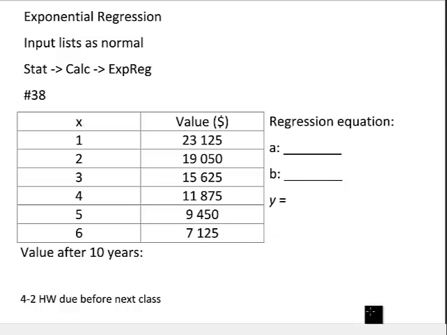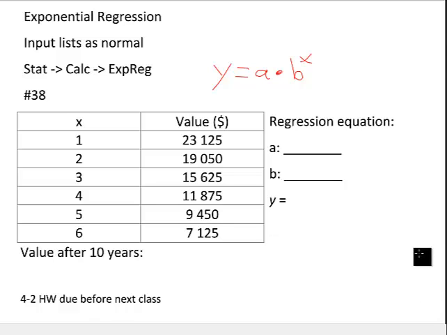Find the exponential regression model in the form of y equals a times b to the x for this data set. Estimate the purchase price of the sedan. Also estimate the value of the sedan 10 years after purchase. Round your answers to the nearest dollar.